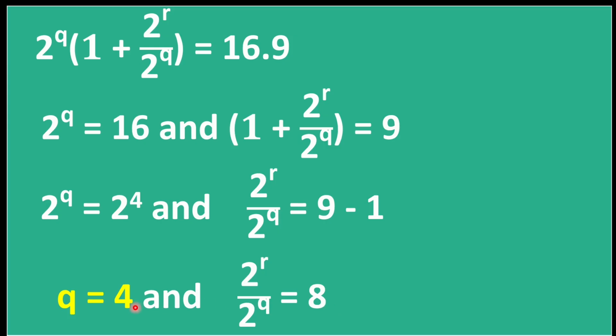So now we have q = 4, and we have 2^r/2^q. We have the value of q, so we will put q = 4.